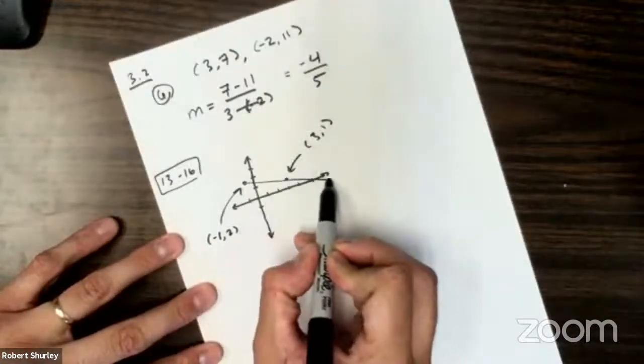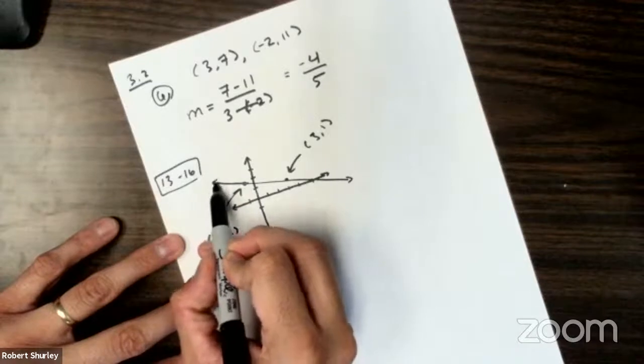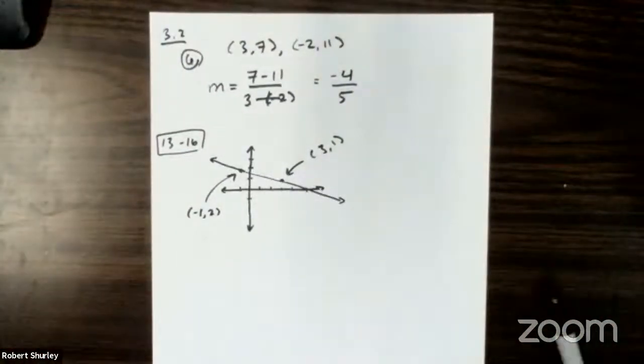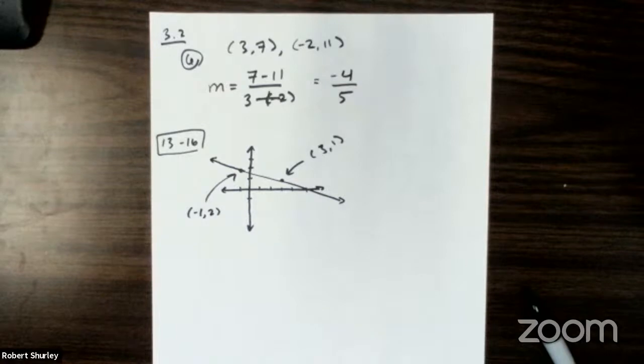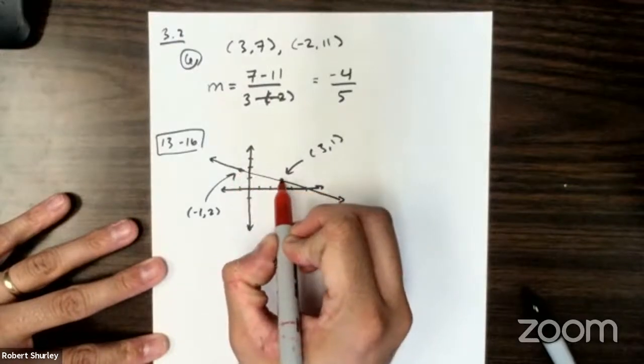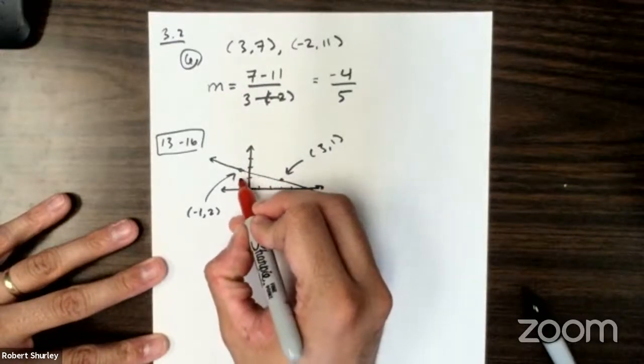I'm giving you the coordinates because sometimes this doesn't look perfect, so -1, 2, and 3, 1. Okay. So here is my line. Well, first off, I can tell it's going to be negative, right? Because it's going down and to the right. But if I asked you to find the slope, I've got to use that whole rise over run thing, right? Rise over run. So if I want to go from the left point to the right point, I know I'm going to go down 1 unit.